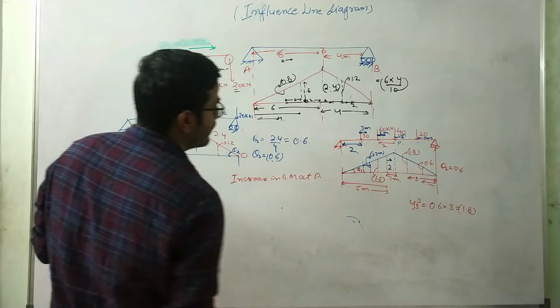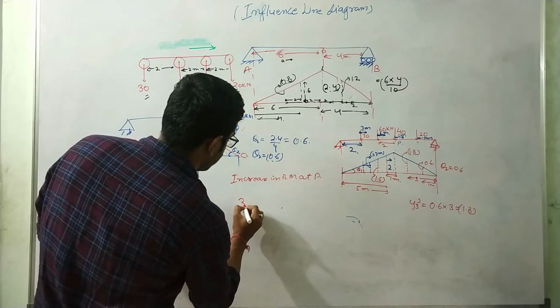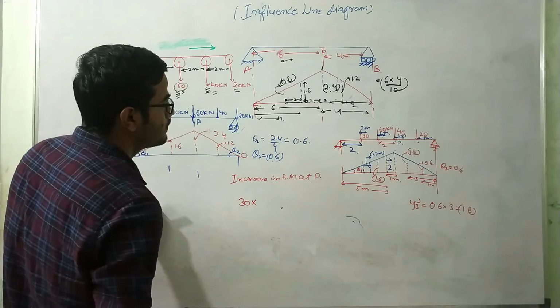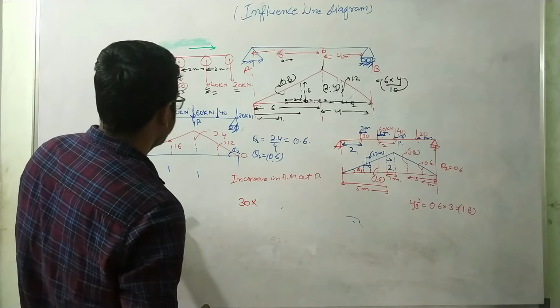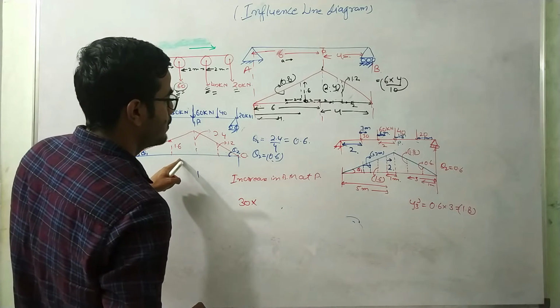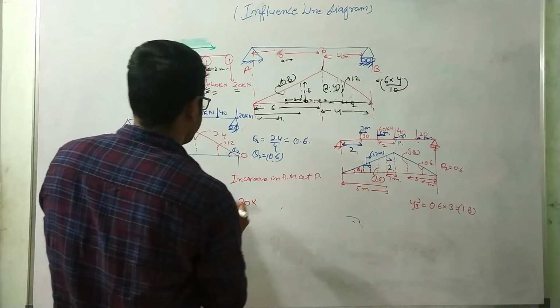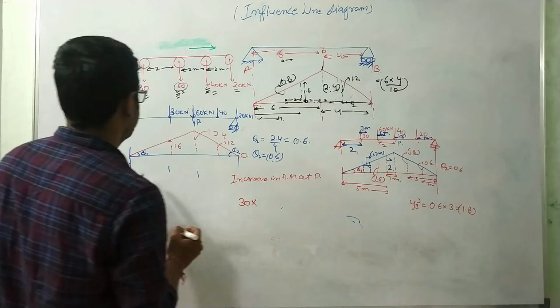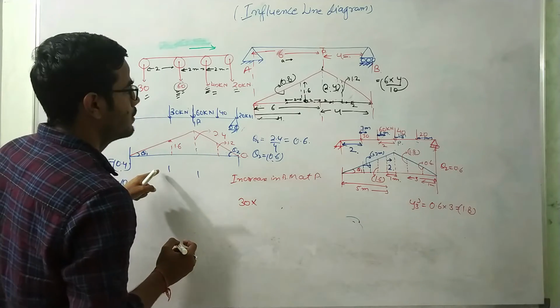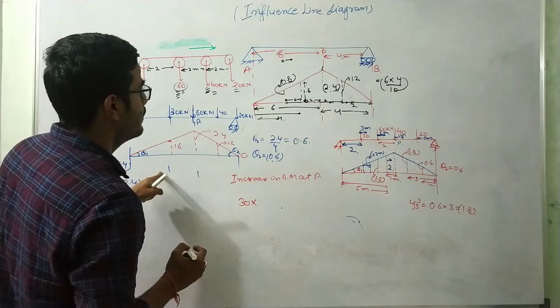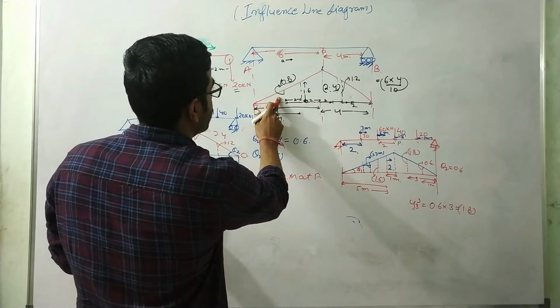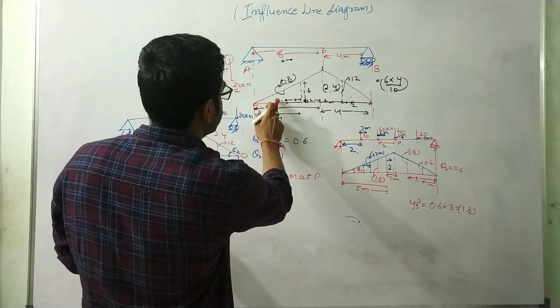at P will be nothing but 30 into, initial coordinate was 1.6. Okay, here it is 0.8 for original condition. This was 0.8.